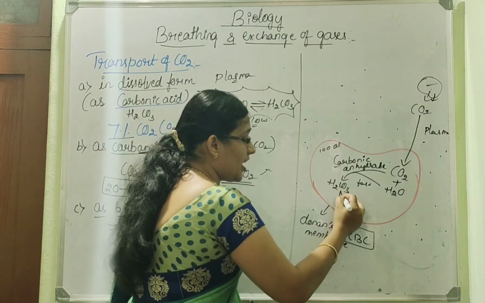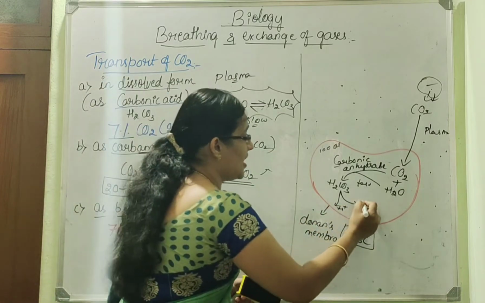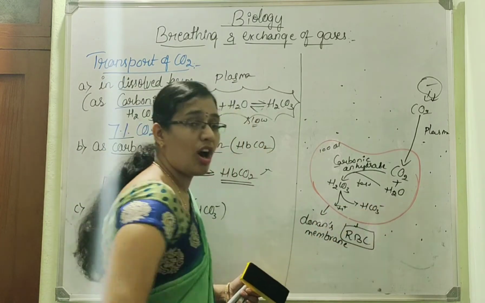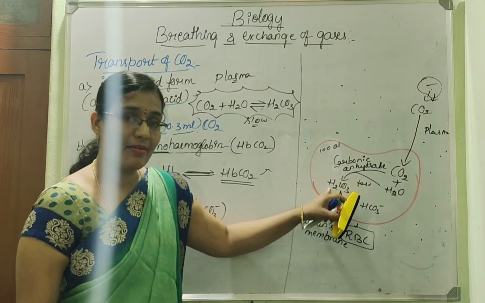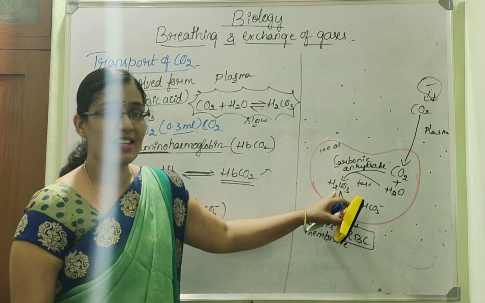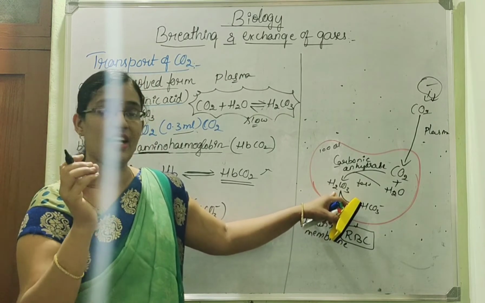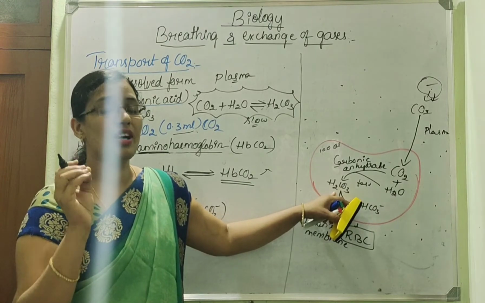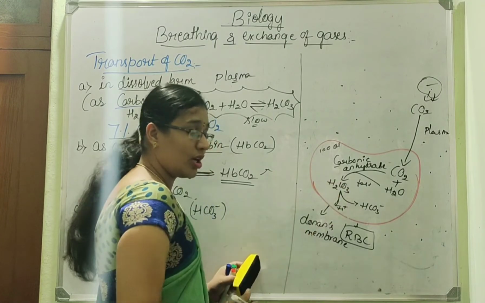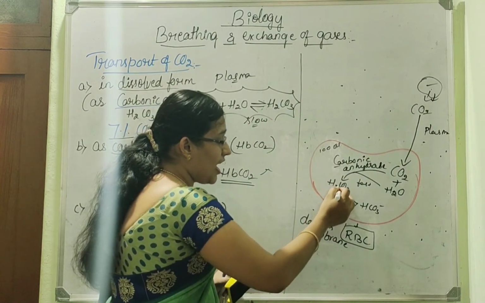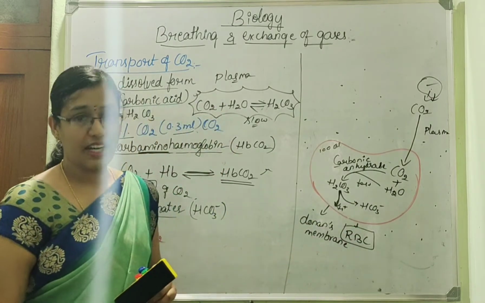And this carbonic acid now dissociates into hydrogen, that is H plus, and HCO3 bicarbonates. After the formation of carbonic acid inside the RBCs, it remains for a very short time. It is an unstable compound, and it dissociates into protons and bicarbonates.